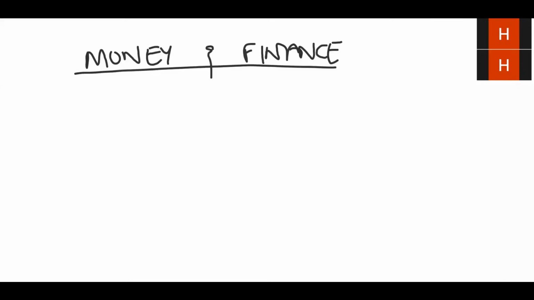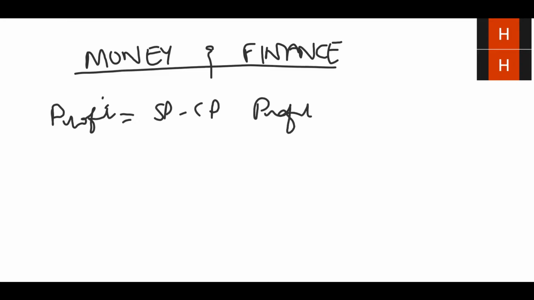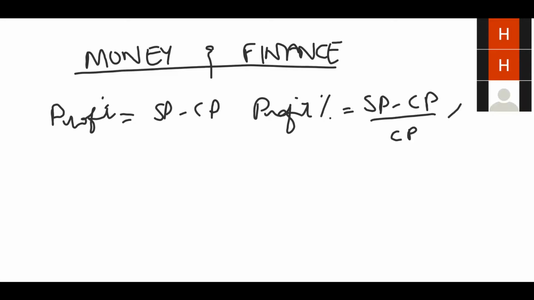All right. So the first thing that we did was our profit percentages and losses. The profit that we defined was our selling price minus our cost price, and the profit percentage was our selling price minus cost price over cost price into a factor of 100.